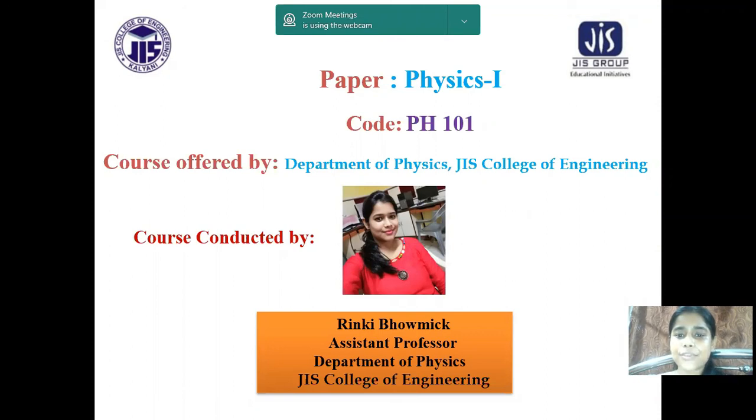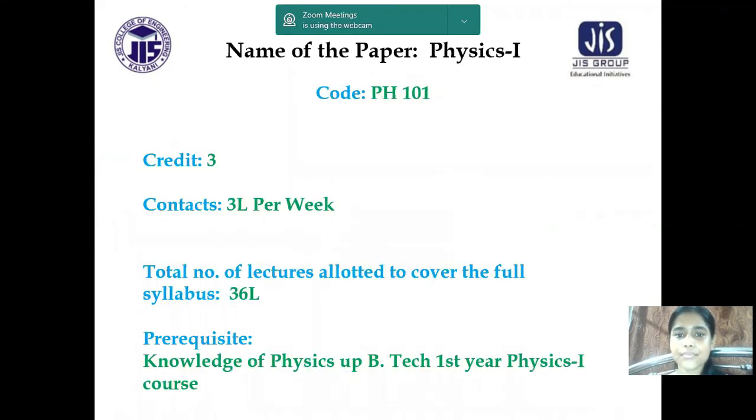Today's lecture is for first year. The paper name is Physics 1 and the paper code is EH101. It carries 3 credits, with 3 lectures per week and a total of 36 lectures.